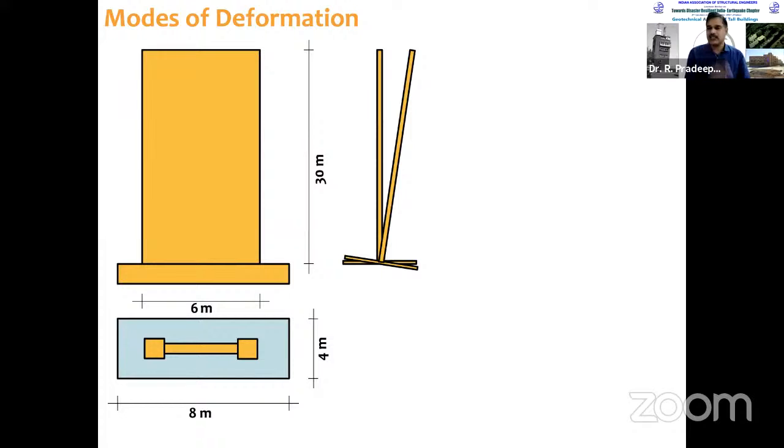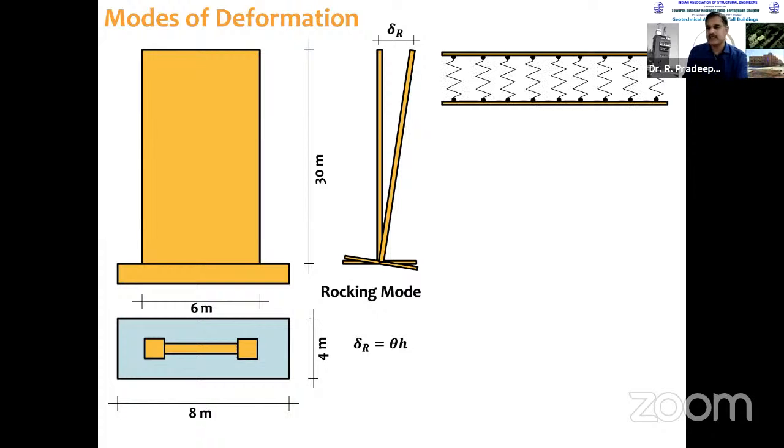So whatever is the theta, we can compute that theta. I'm not going into those mathematics. What is delta R? Delta R is that rocking rotation multiplied by height. So that is rocking deformation. So I'm just expanding the base. The foundation is resting on springs, that is soil which is modeled as springs with the given subgrade reaction.